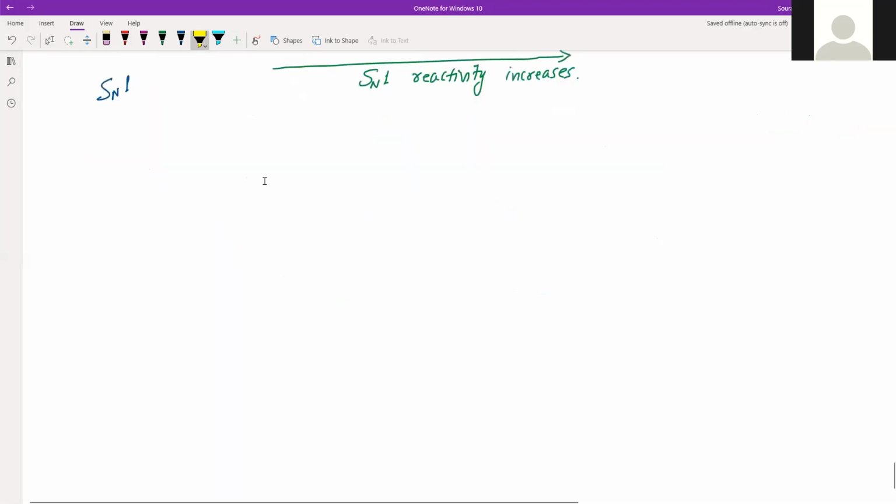The allylic and benzyl carbocation. Allylic carbocation is nothing but where you have a double bond attached to the carbocation. So what does that mean?